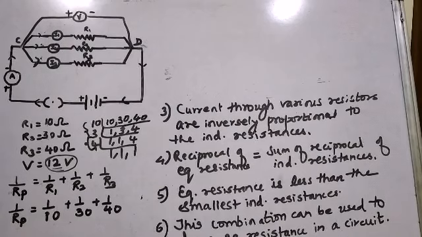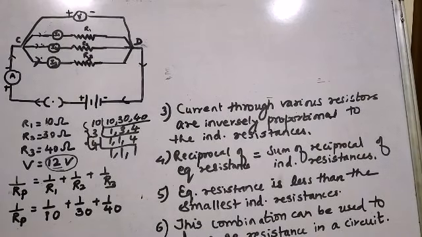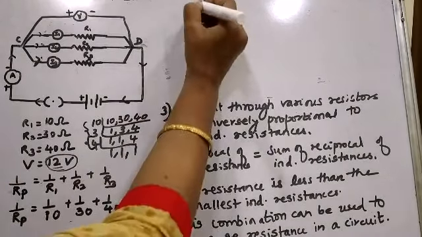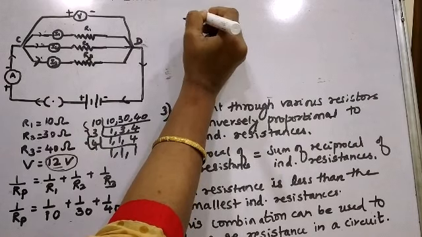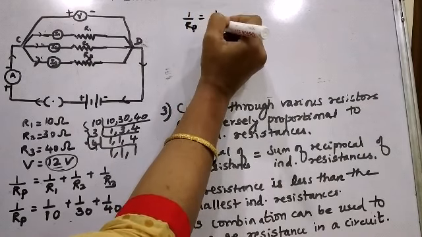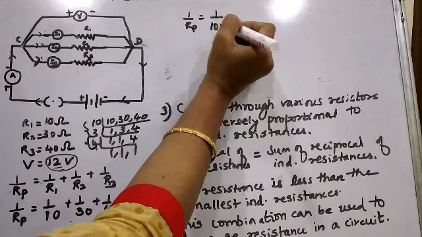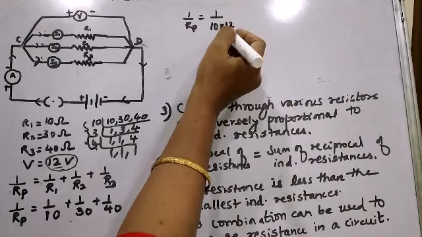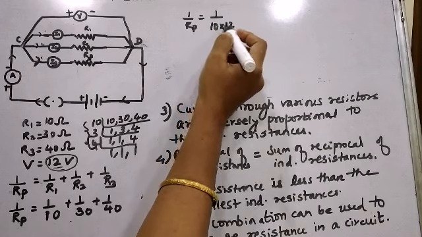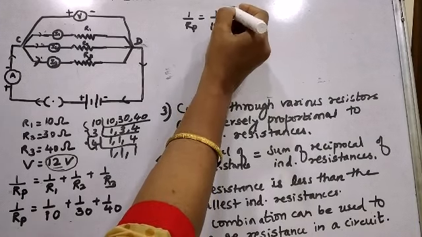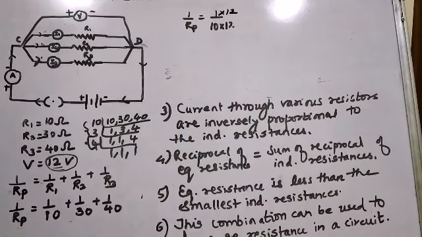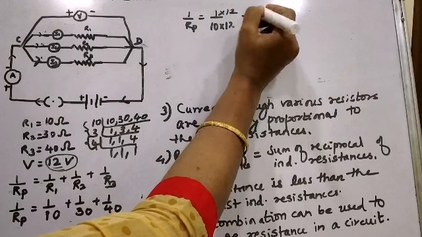As I said, the LCM is equal to 120. So 1 upon Rp is equal to 1 upon 10. Since the LCM is 120, I have to multiply the denominator by 12 here for the first fraction, 1 by 10 into 12. So 10 twelves are 120. If I am multiplying the denominator by 12, I will have to multiply the numerator also by 12, plus 1 by 30.